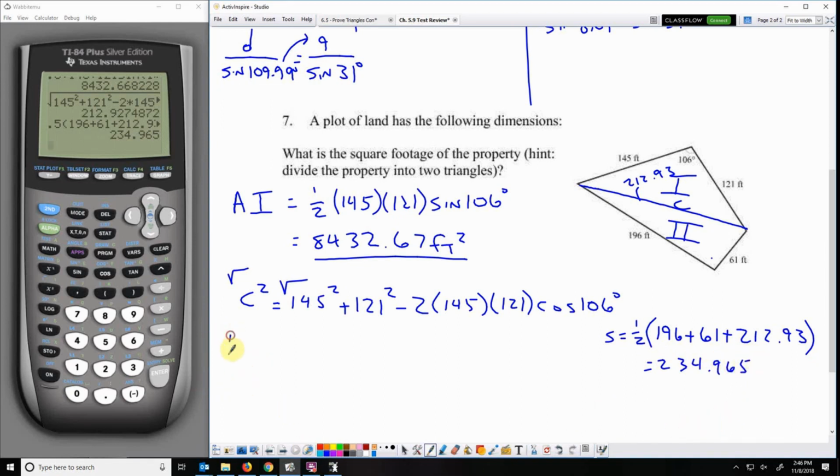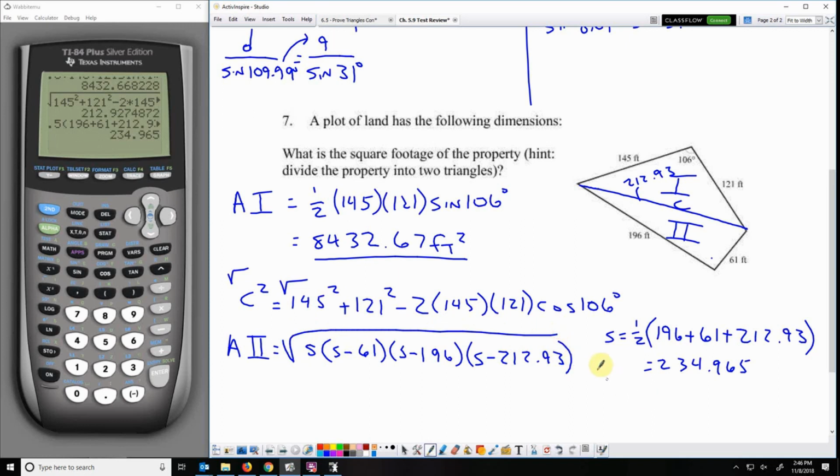Okay, so the area of triangle 2 is the square root of, and I'm just going to write in S, times S minus 61 times S minus 196 times S minus 212.93. S happens to be the most recent answer I have in my calculator.